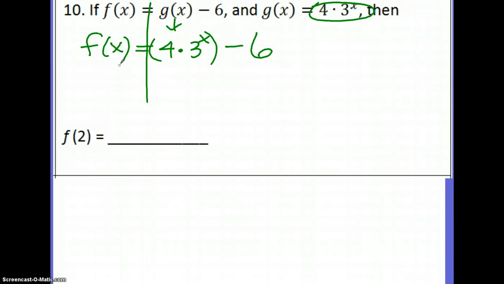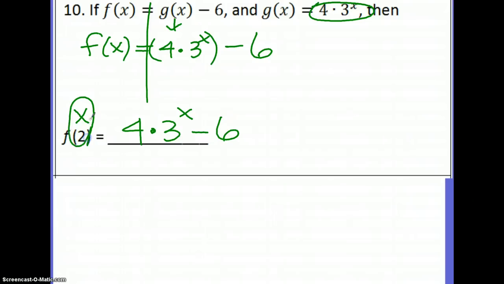Since there's no like terms, we just leave it side by side just like that. Oh, but we're not done. On this one, we are actually given the x number. It says x is 2, so we're going to plug in a 2 for x. It's going to be 4 times 3 to the 2, and then minus 6.